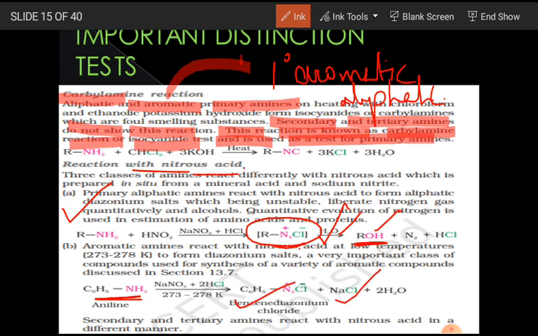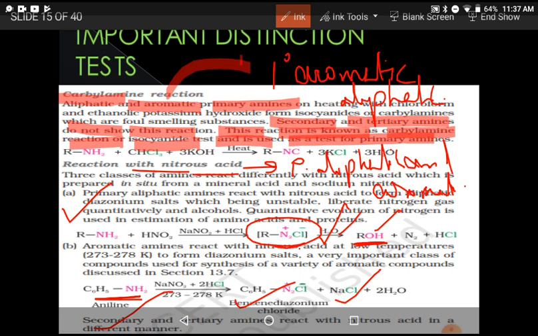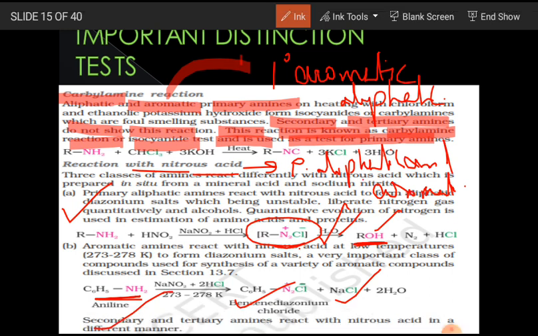So this is also given by only primary, aliphatic and aromatic amines. Secondary and tertiary amines react with nitrous acid in a different way. So that will give different products, so we can easily identify the products over there.